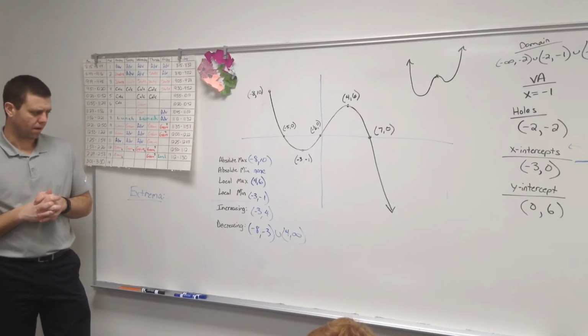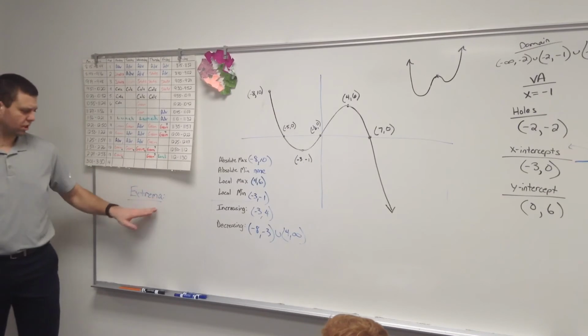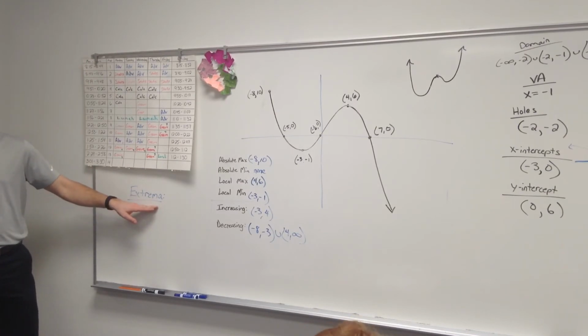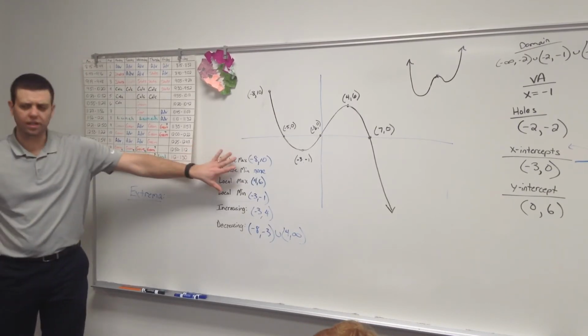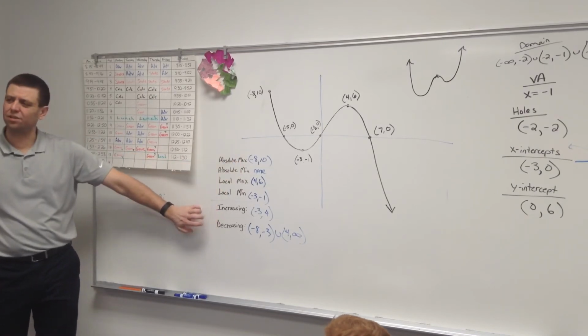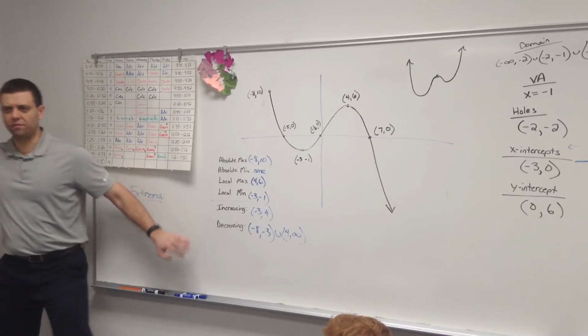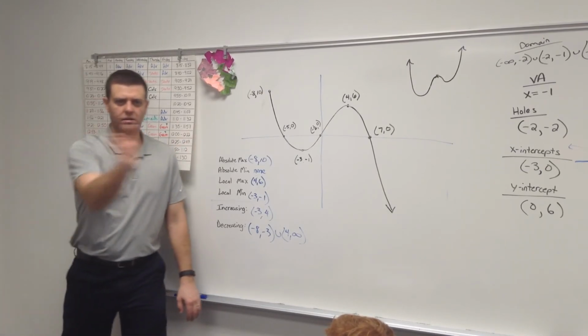Okay. Last chance here, vocabulary questions. Extrema just means what? Mins and maxes. Feel like you know how to find your mins and maxes? Do you understand the increasing and decreasing interval part? Okay, remember, everything's left to right.